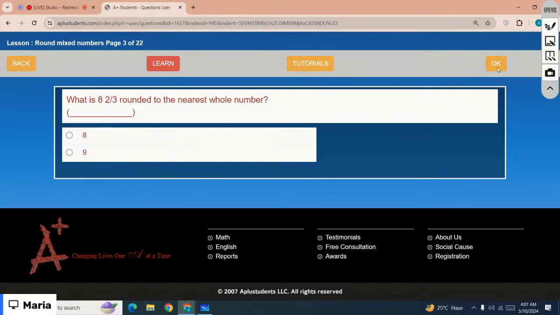So, you need to round up. You have to round up to 9, right? Because 2 by 3 is more than half. So, the correct option is 9.